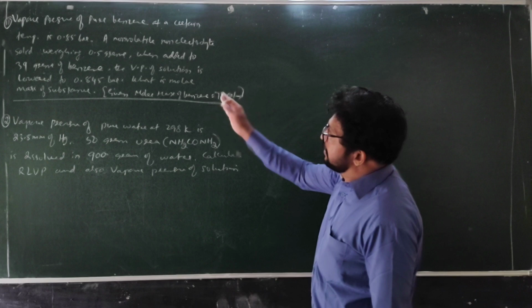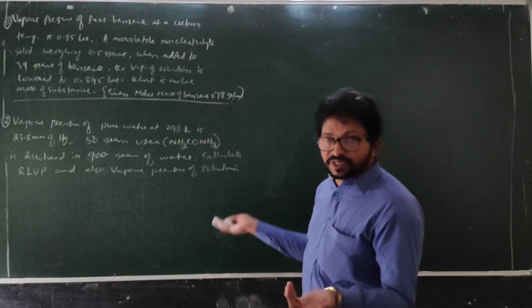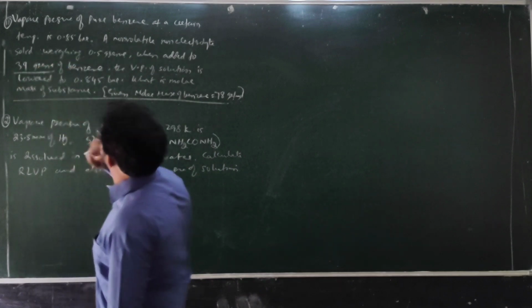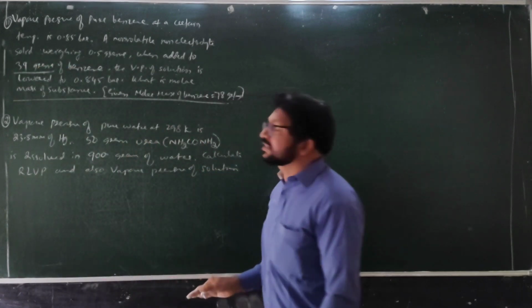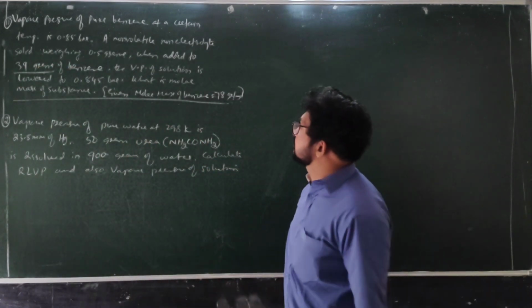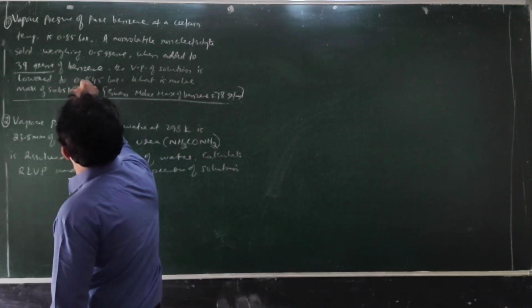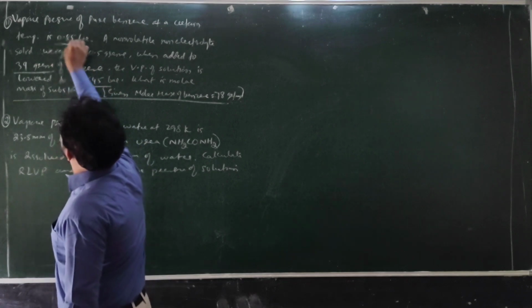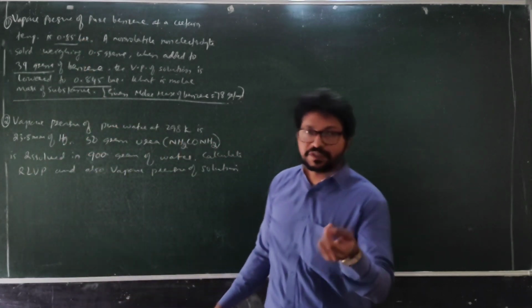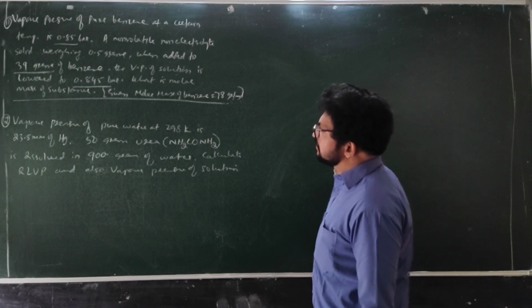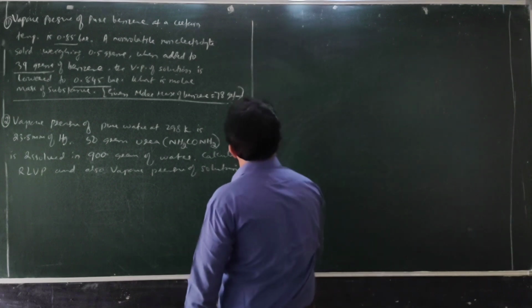So a non-volatile non-electrolyte solid weighing 0.5 grams is added to 39 gram of benzene. What is benzene? C6H6. The vapor pressure of solution is lowered to 0.845 bar. From 0.85 to 0.845, so it is lowered. What is the molar mass of the substance?